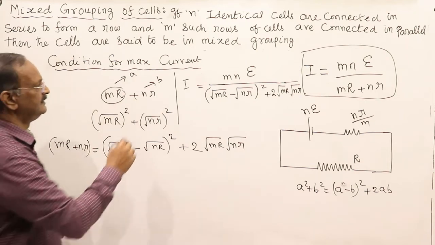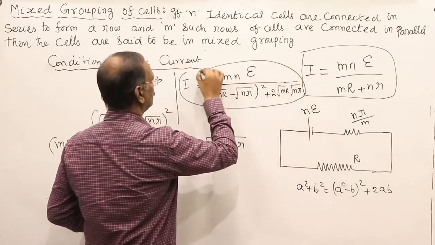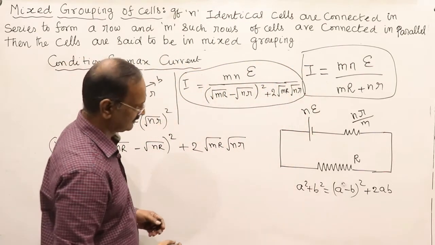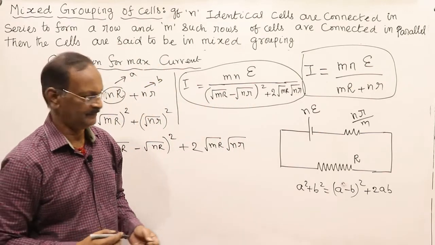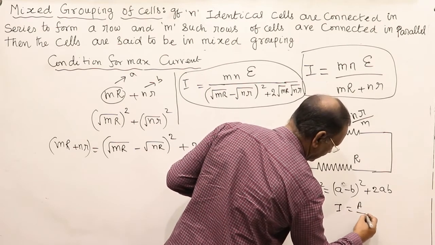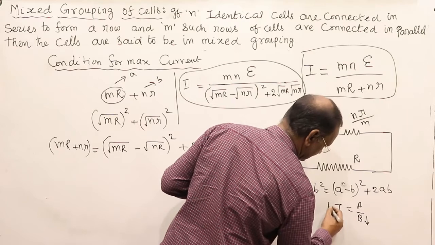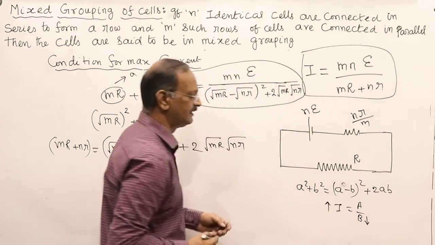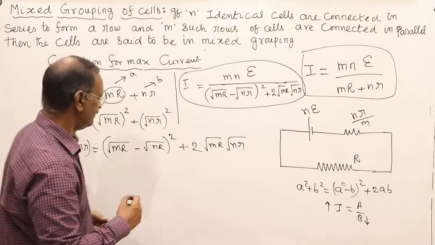Now in this expression we can notice one thing. For the current to be maximum, the denominator has to be minimum, because I = a by b. If the denominator decreases, the current increases, since they are inversely proportional.